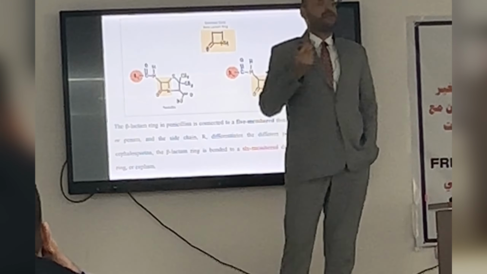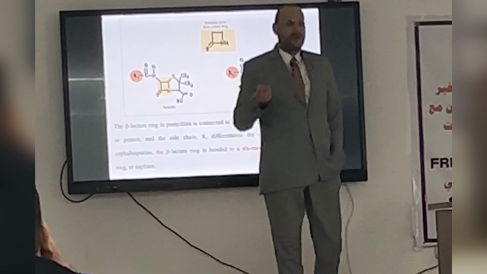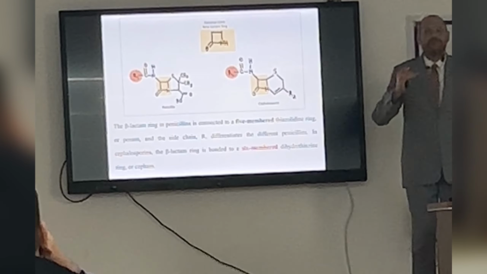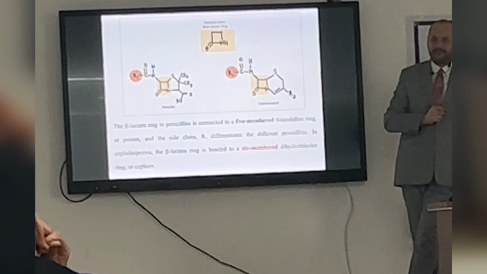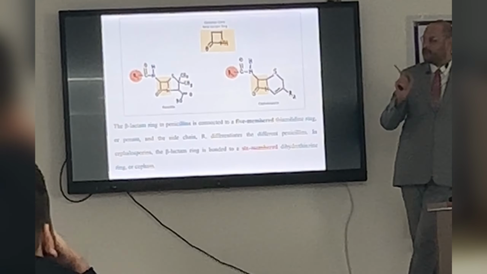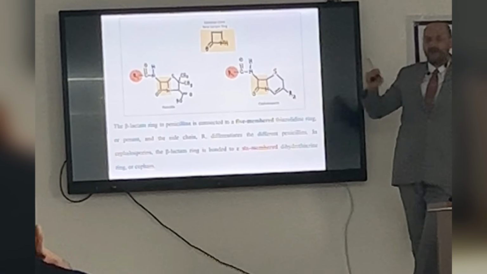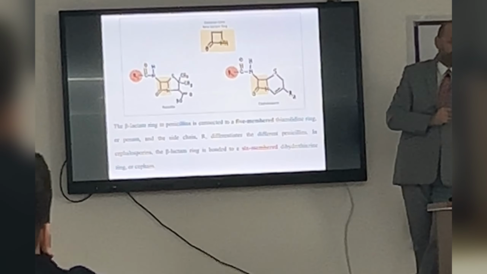But at the end of the lecture, you have a table, a jadwal, for different R1 and different R2. So finally, if you want to understand, you read through our lecture. But if you want to memorize, you memorize that table, which is beneficial for you. At the end of the lecture there is a table for different R1, different R2, because most of the rest of this structure is constant, it's static.